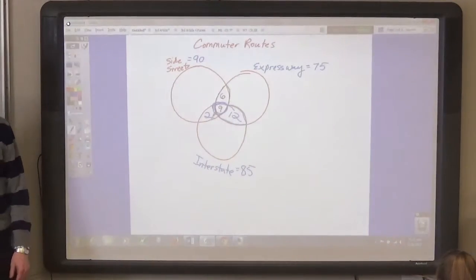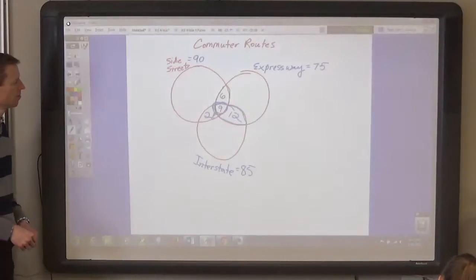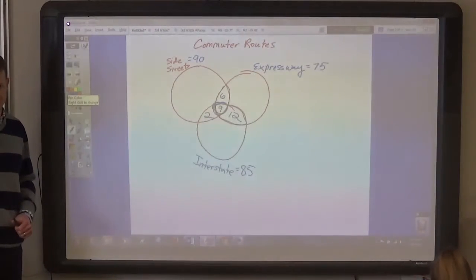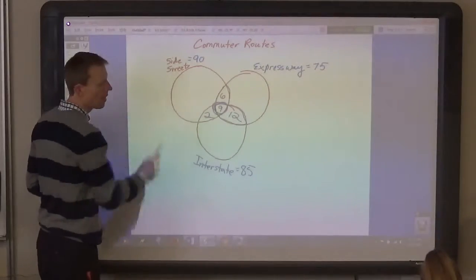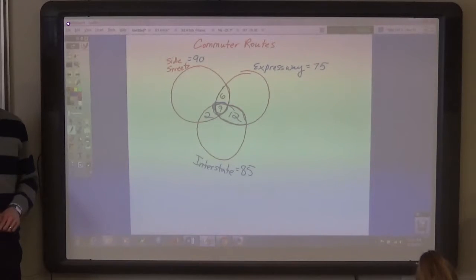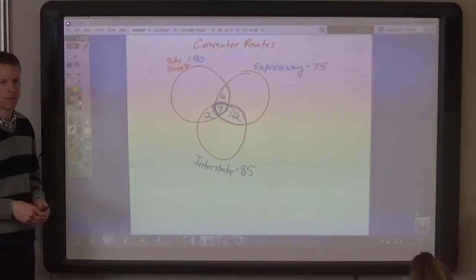Now, fill in the missing numbers here. So how many use only side streets? How would you figure that out?